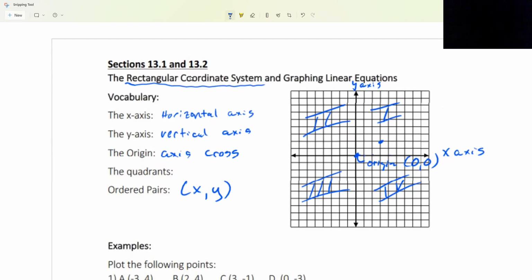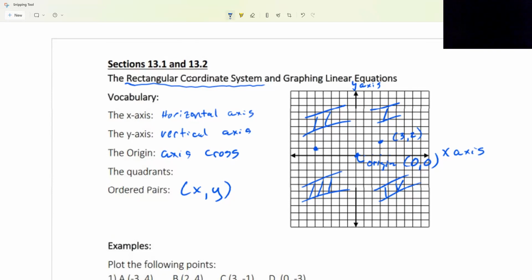If we took this point right here, I start at the origin and go over 3, so my x coordinate is 3, and then I go up 2. So the ordered pair for that point is 3, 2. If you had this point, you start at the origin and go 1, 2, 3, 4, 5.